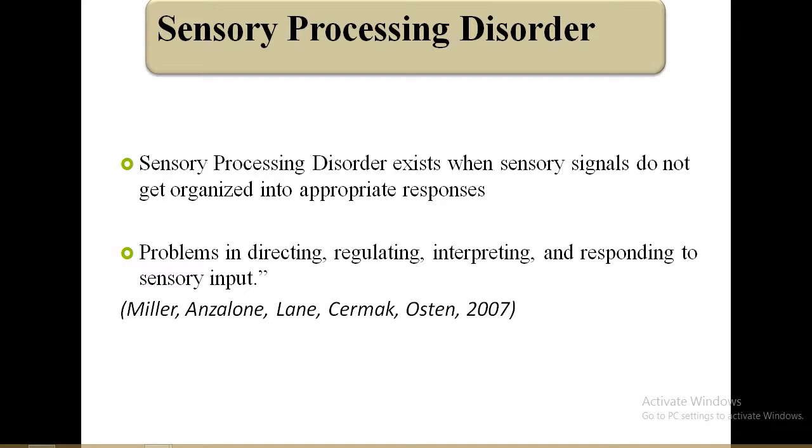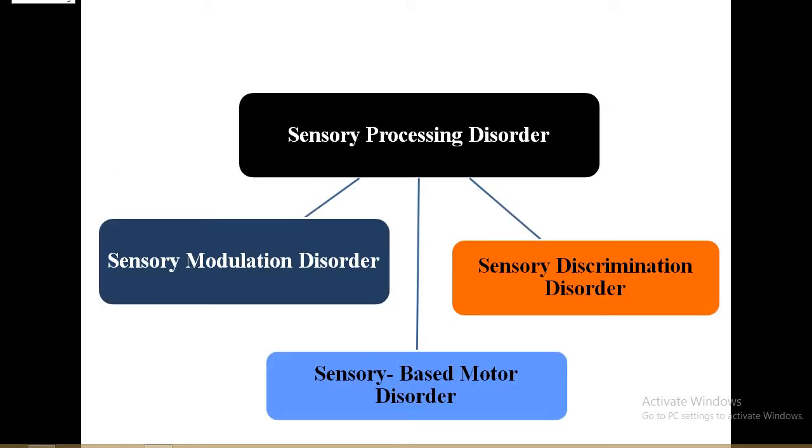There is a problem in the way of sensory processing, in directing, regulating, interpreting, and responding to sensory input. There are three types of sensory processing disorder. The first one is sensory modulation disorder, then sensory-based motor disorder, and the third one is sensory discrimination disorder.